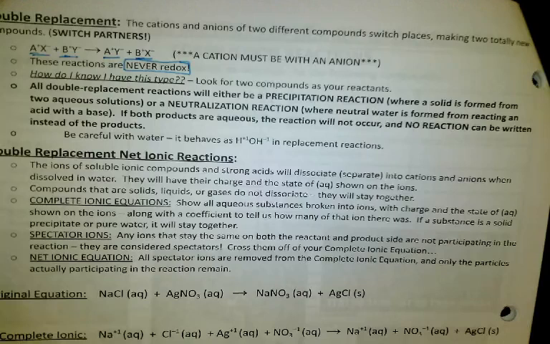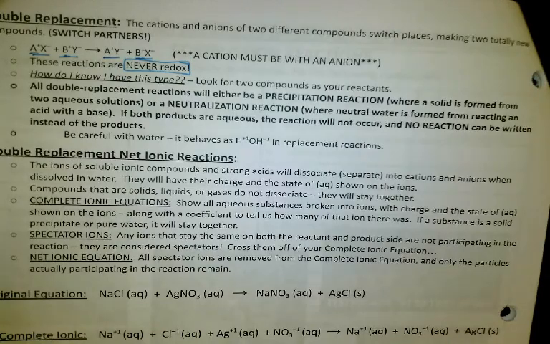Now, how do I know I have this type? You're going to look for two compounds as your reactants, a compound plus a compound. So we've done element plus element, just a compound before the arrow, element plus compound, and then this is compound plus compound.